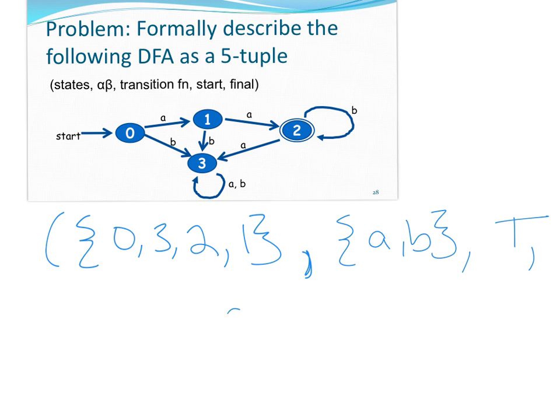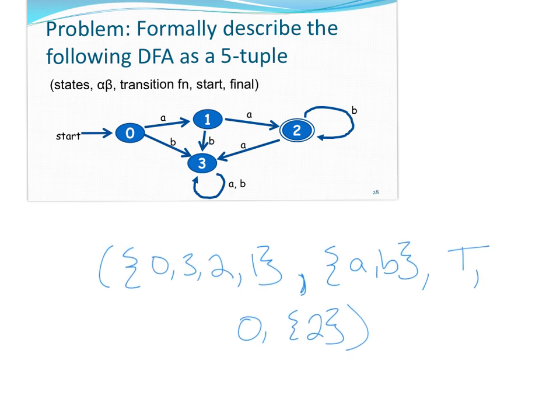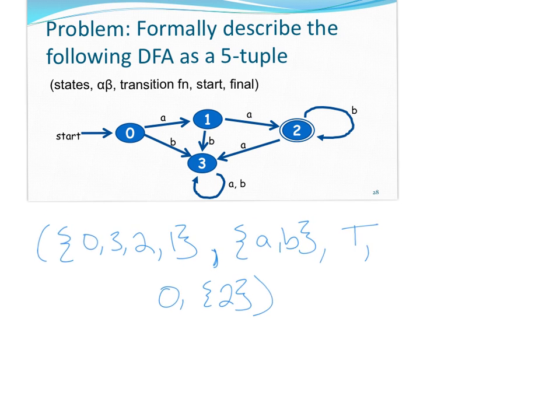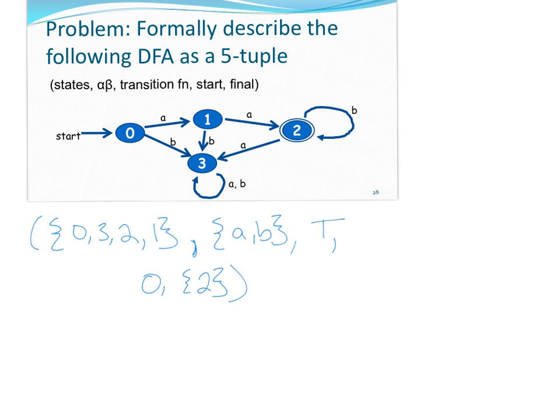And my start state is state 0. And then we want to know what is the set of final states. And again, in this one, we only have one, which is the state 2. And we close my 5-tuple with a close parenthesis. Okay, so let's just shrink this a little bit so I have room for my transition table.